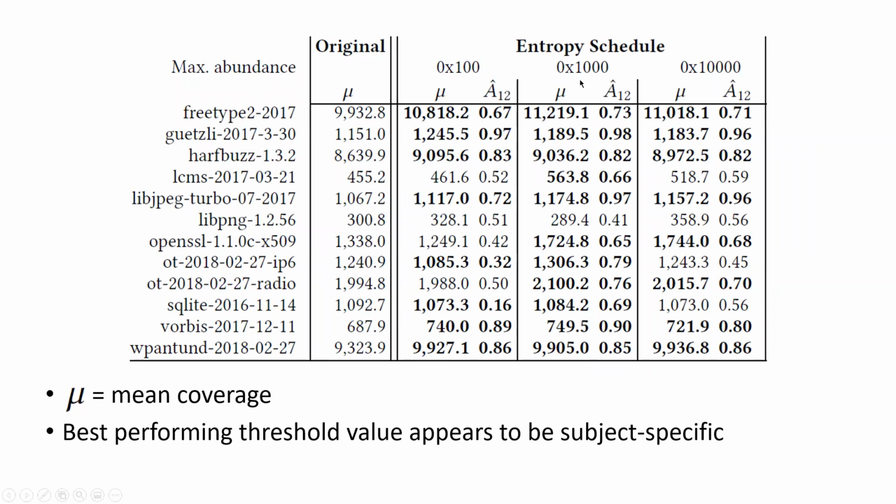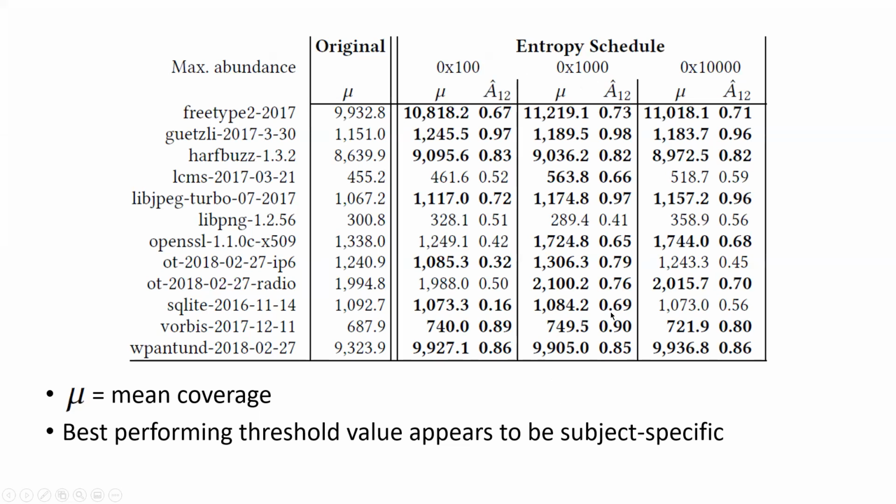So this is the table that shows the original mean coverage for these subjects. And then based on different values for the abundance threshold, we can see what the mean coverage is for using that abundance threshold.